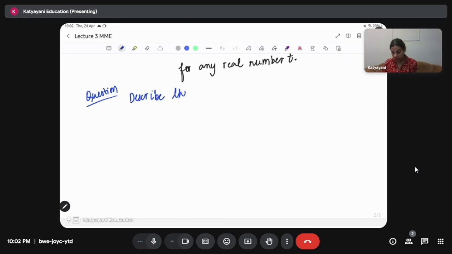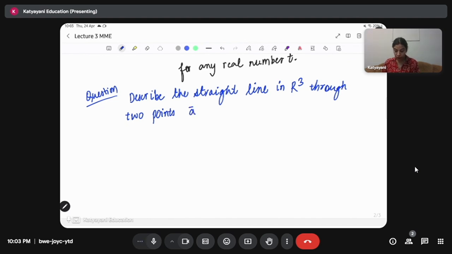Describe the straight line in R3 through 2 points A and B. Let's see what type of questions can be asked through 2 points. Point A, or vector A, is 1, 2, 2, and B is -1, -1, 4. So how will you find the equation of this line?